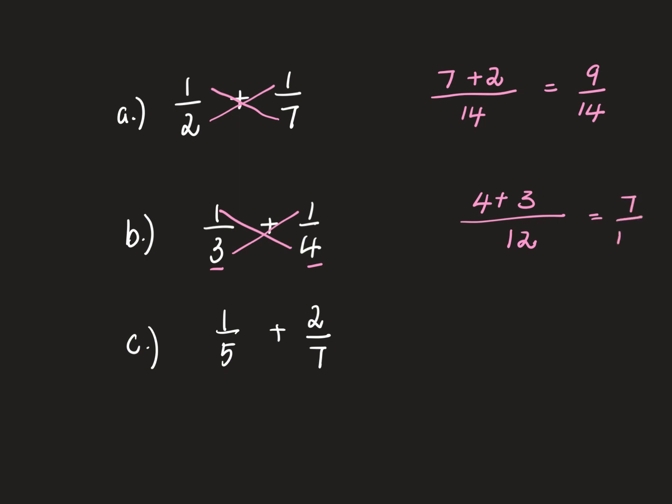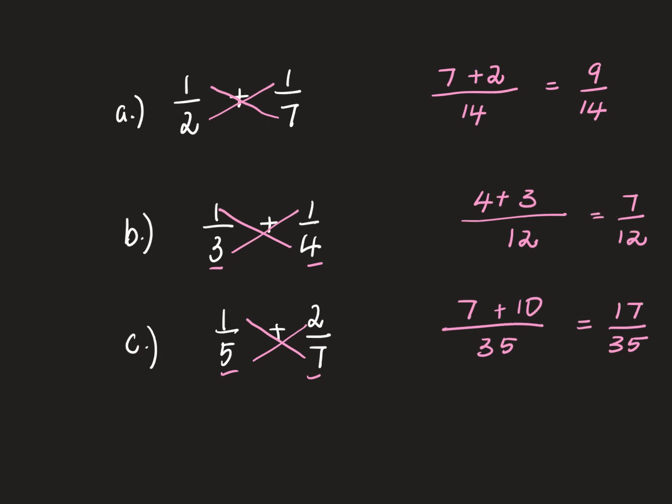That's going to give us 7 over 12. What about this last one? Our new denominator is going to be 5 times 7 is 35. 1 times 7 is 7, plus 5 times 2 is 10. 10 and 7 is 17 over 35. So that's how I add fractions.